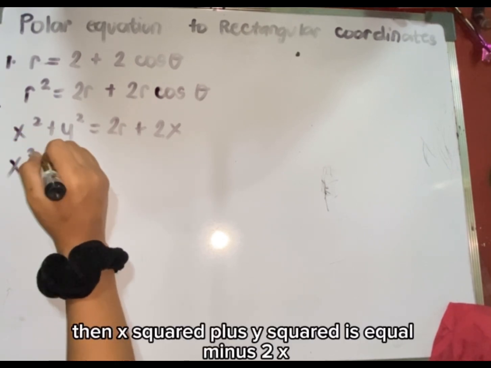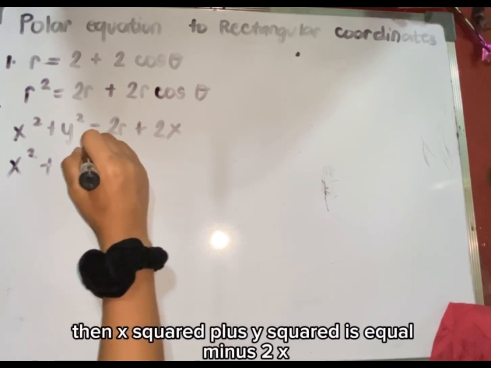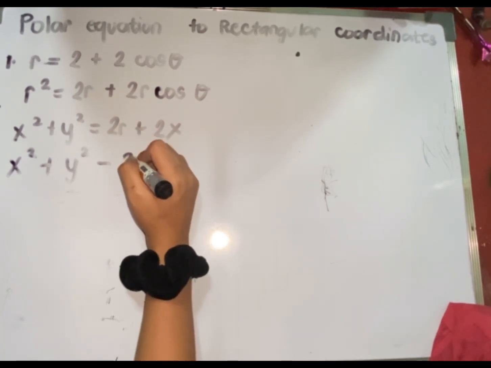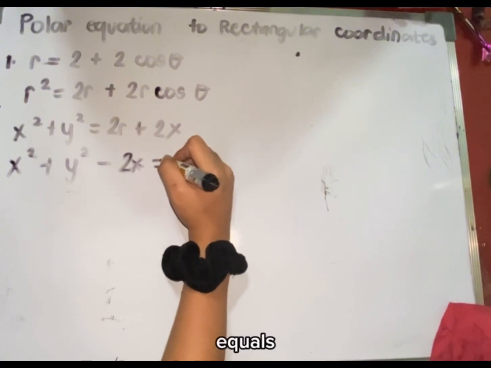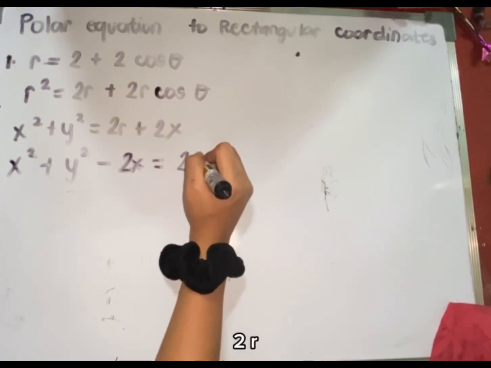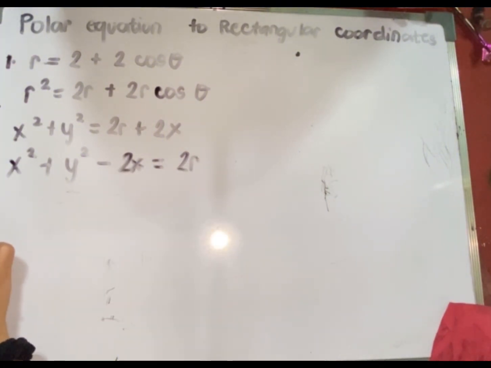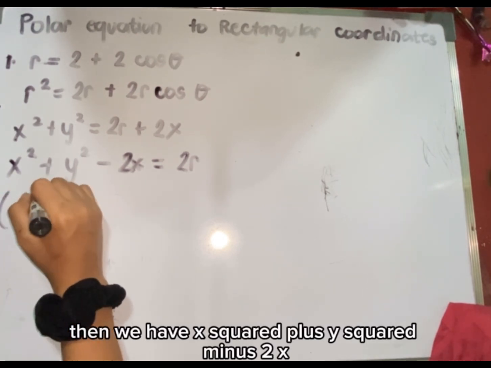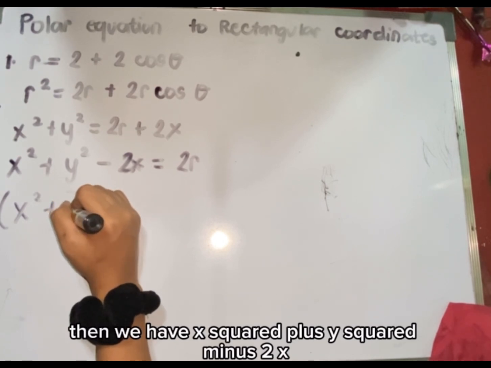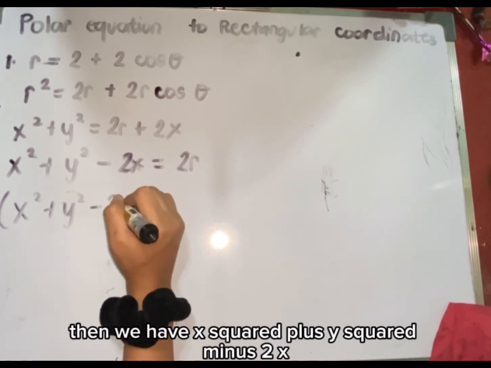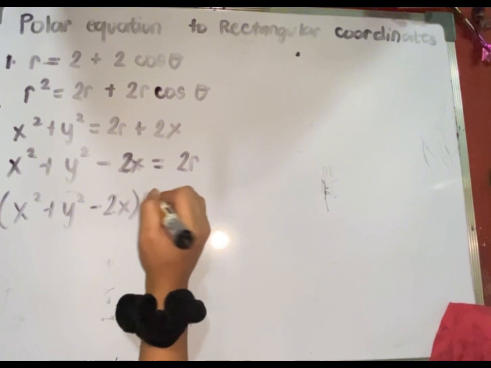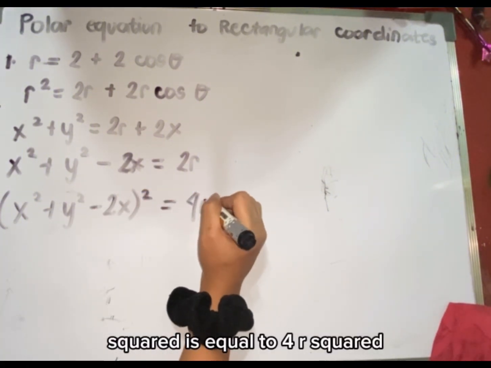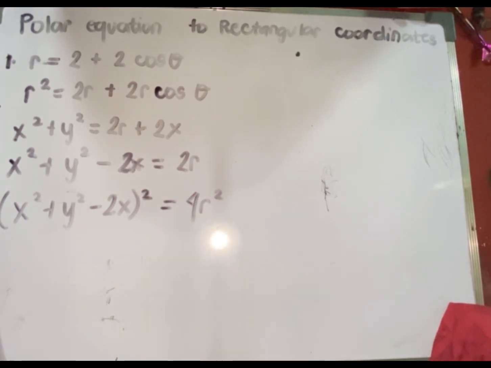Then x squared plus y squared minus 2x equals 2r. Then we have x squared plus y squared minus 2x, squared, is equal to 4r squared.